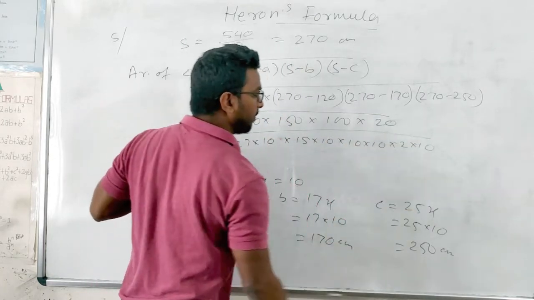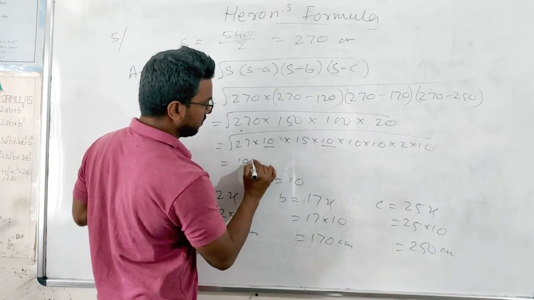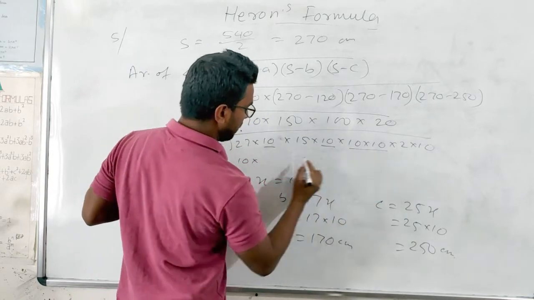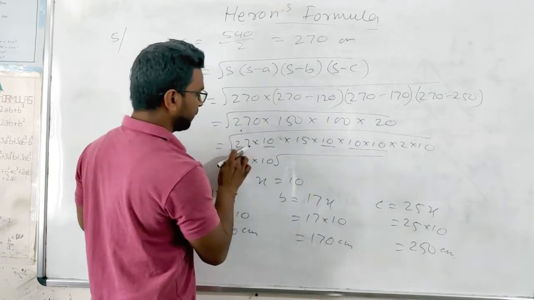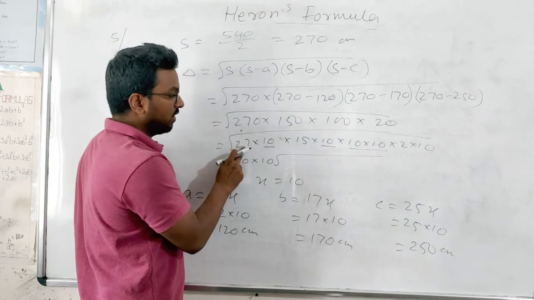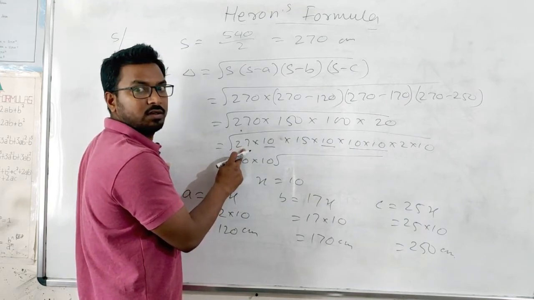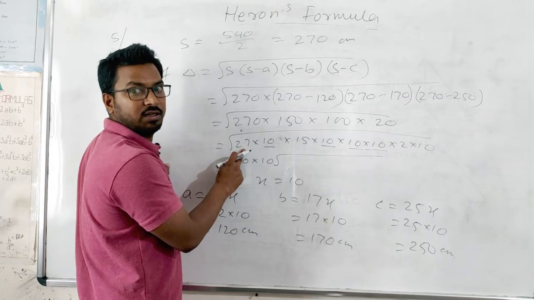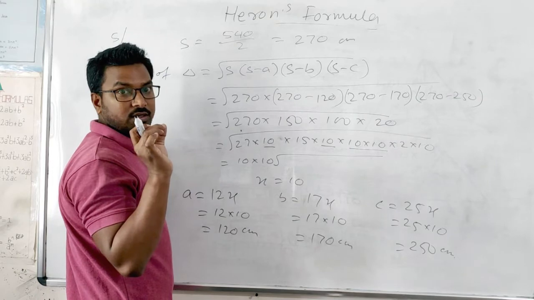We'll try to do one by one. This 10 is in pair. Come out. This is in pair. It will also come out. What is left inside? 27. What is the factor of 27? 3 into 3 into 3. Isn't it? We'll try to change into prime factors. Fine.